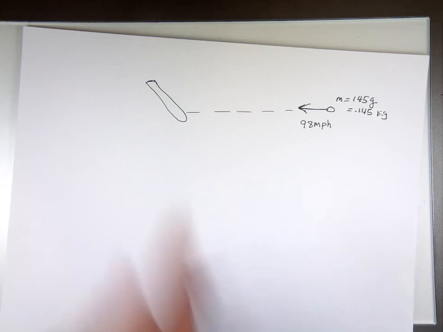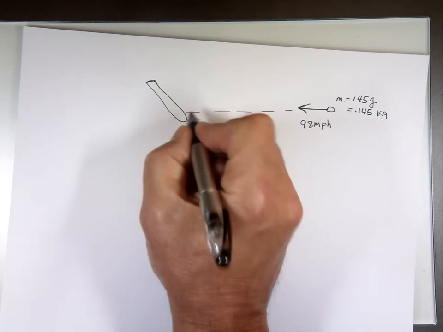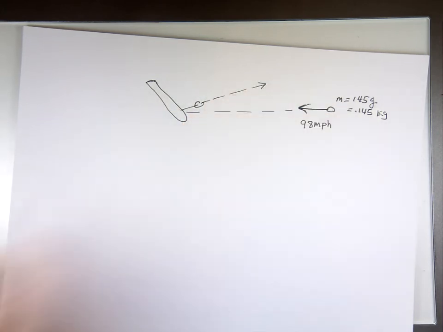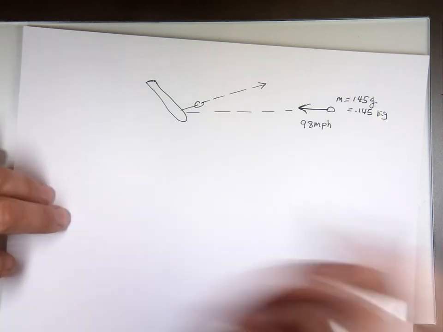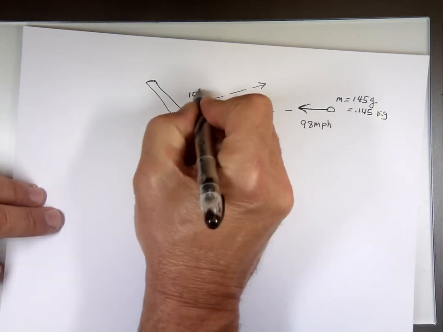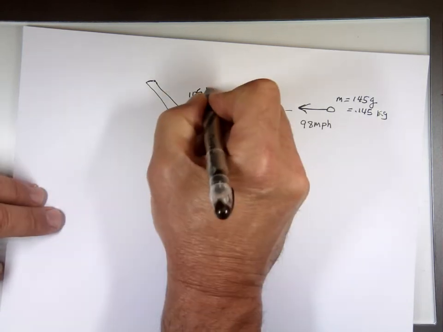Now, the ball hits the bat and it's going to leave. I don't want to jinx the Red Sox tonight. It's going to leave with a speed of 105 miles per hour.